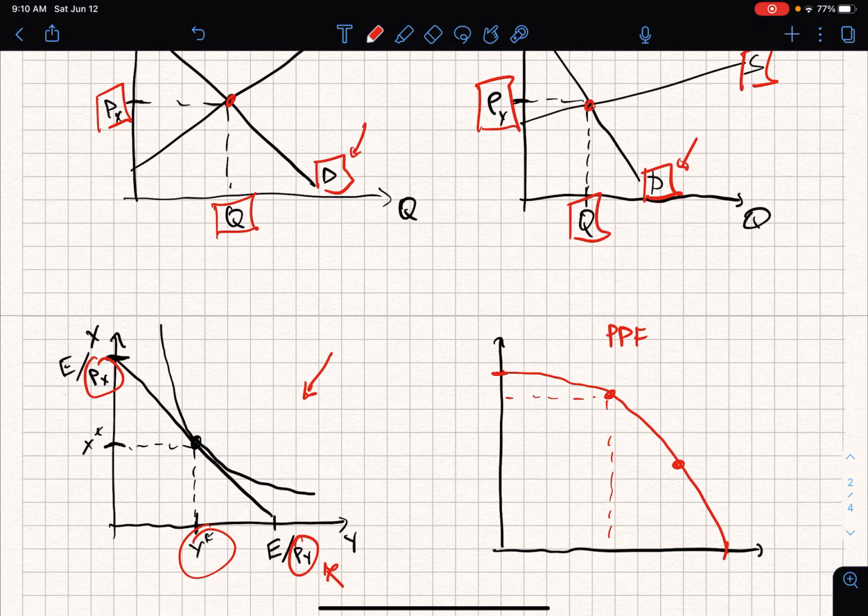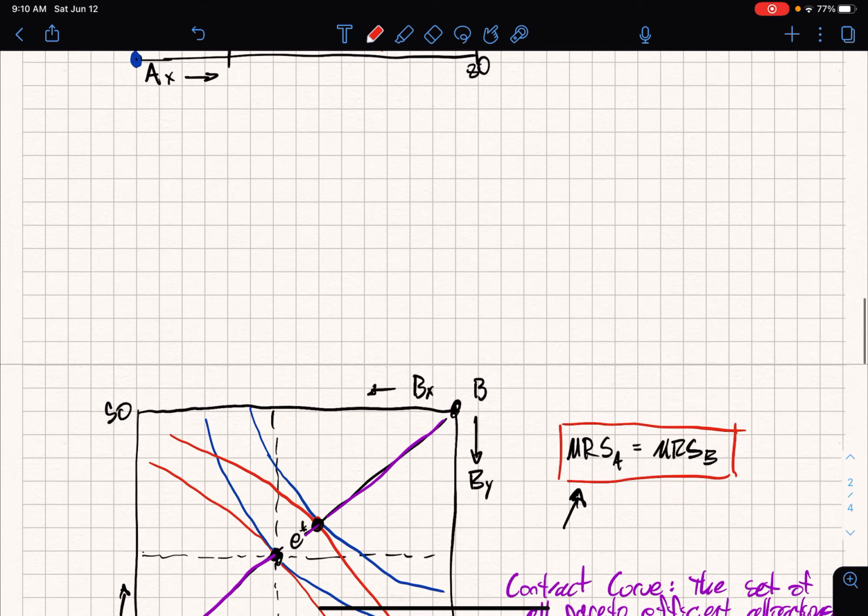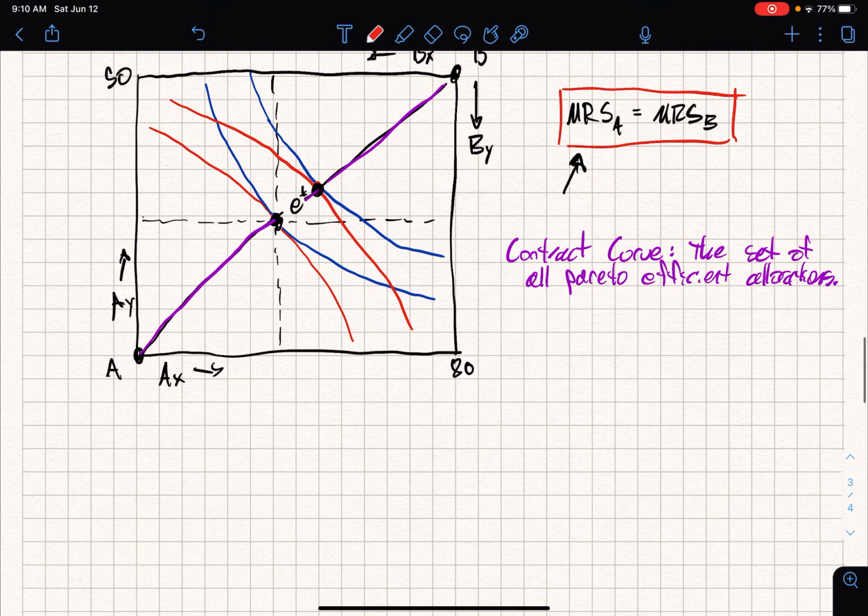The question is, where are prices coming from? And maybe in the back of your mind, you have sort of a tickling that what we're doing next is introducing prices and talking about a price line. Okay.